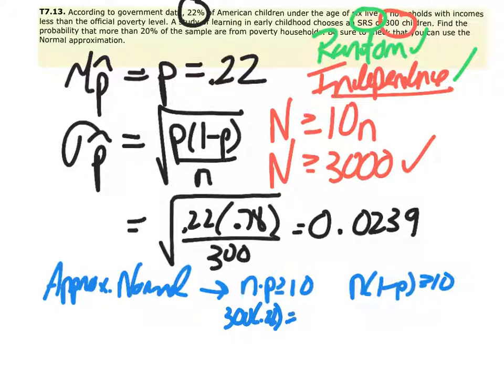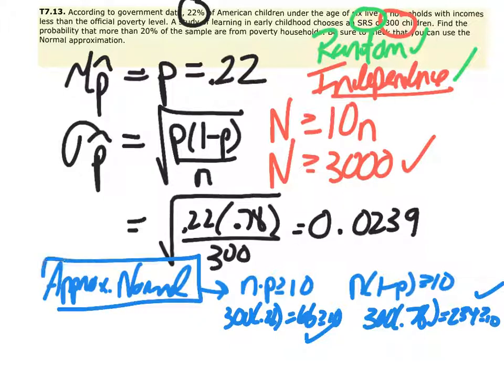This is going to be 66, which is greater than or equal to 10. That condition's met. The next condition would be the 300, and we're going to have the 0.78. That's going to give us 234, which is greater than or equal to 10. So again, that's met. So we can say it's approximately normal.